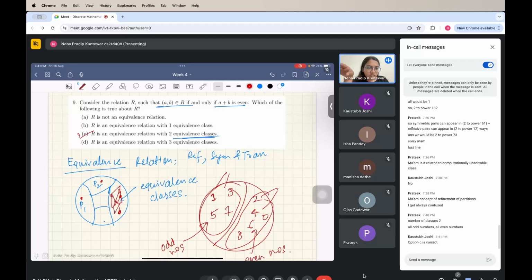And I see a comment here from Pratik which says something about refinement of partitions. So what do you mean by refinement of partitions? I am not sure, could you explain?